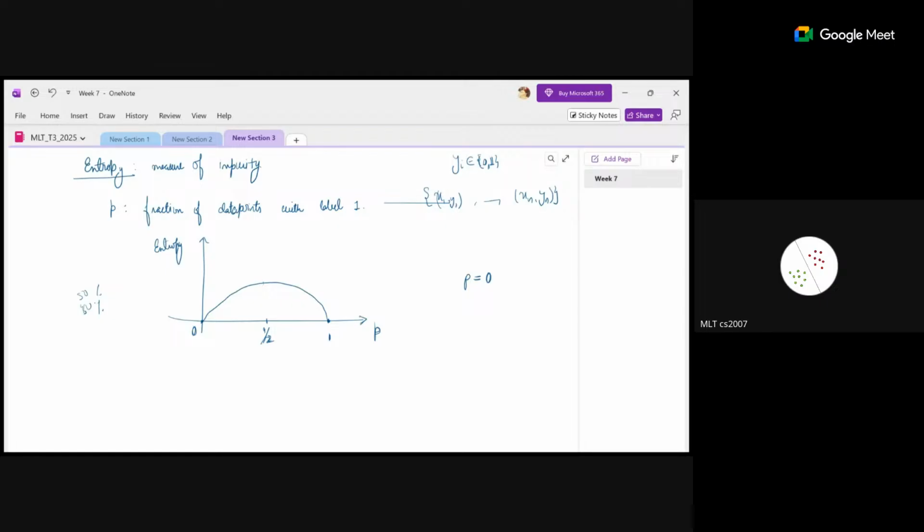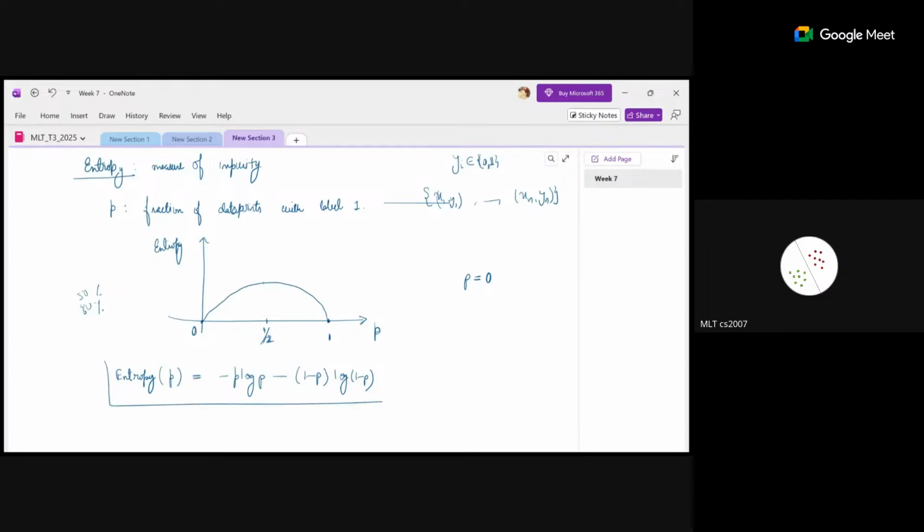So one function that actually does this, we'll define it. We can define the entropy of P to be equal to minus P log P minus (1 minus P) log (1 minus P). This function looks like it has the shape of a downward parabola, and it has the highest value at 1 by 2 and the value is 0 at the points 0 and 1.